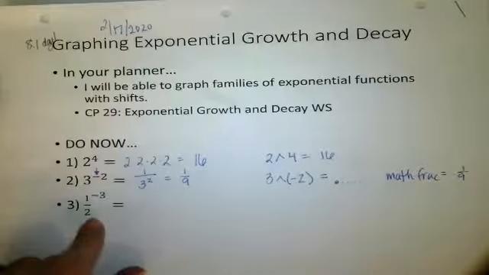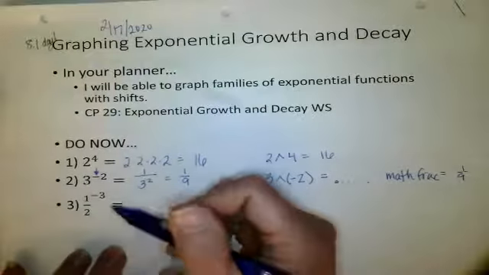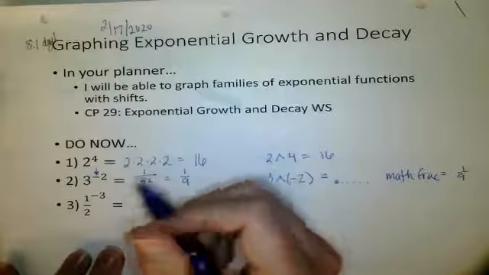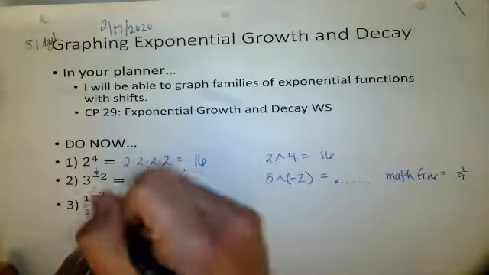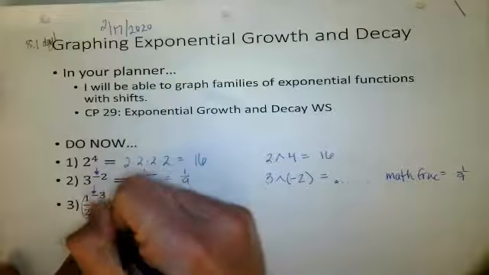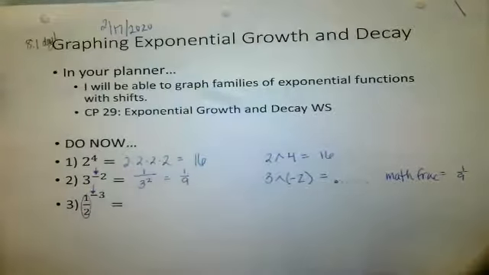And then this is 1/2 to the negative 3 power. So yeah, you can turn it into a fraction, but that gets really, really complicated. So one thing that we can do is, actually the negative, if we have a fraction, it's the reciprocal. It's just going to flip the fraction.